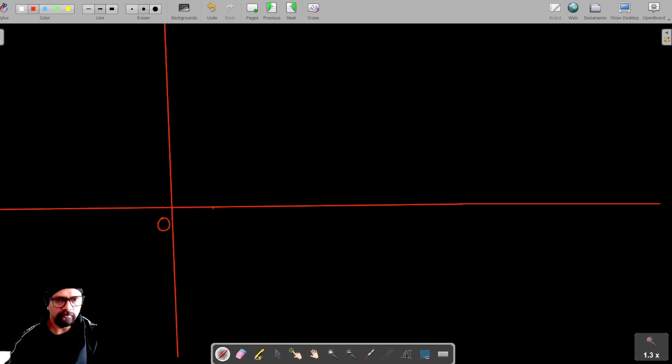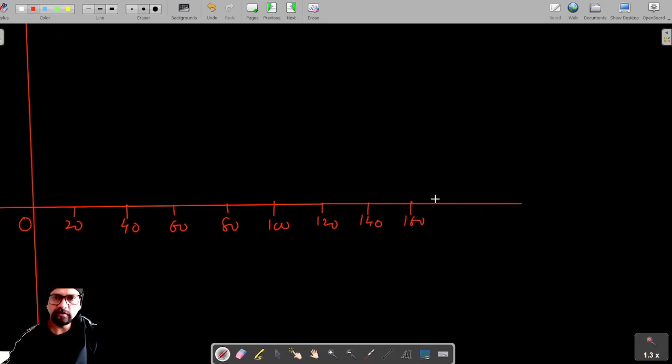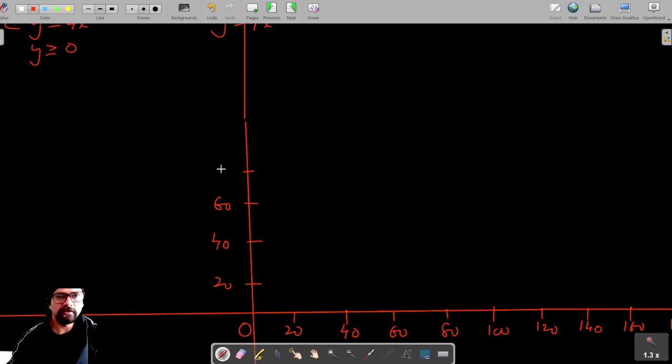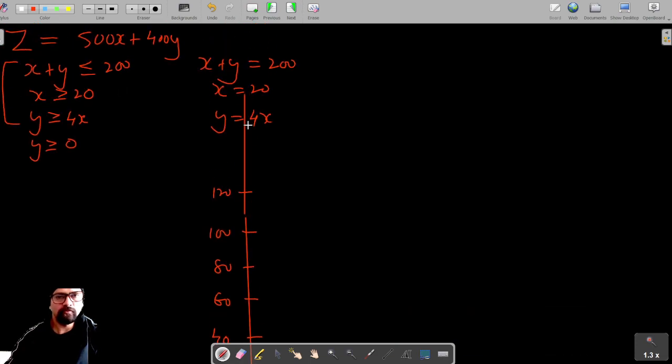So this is 0, 20, 40, 60, 80, 100, 120, 140, 160, 180, and 200, let's say. And similarly here we are going to stick to the first quadrant: 0, 20, 40, 60, 80, 100, 120, 140, and so on.